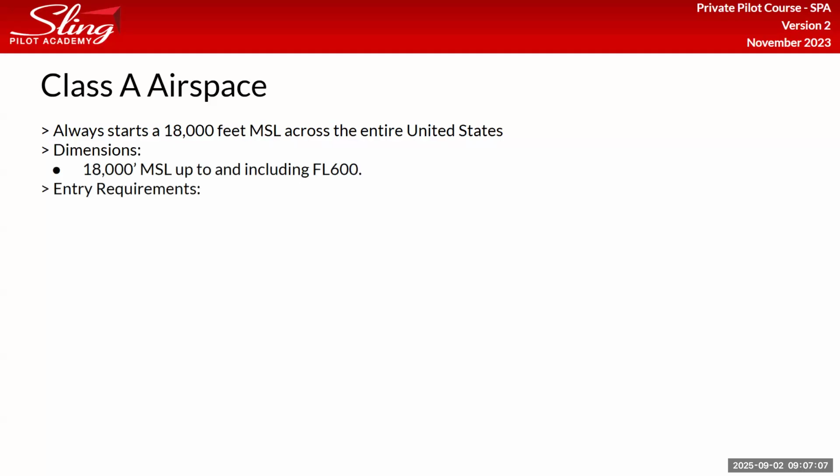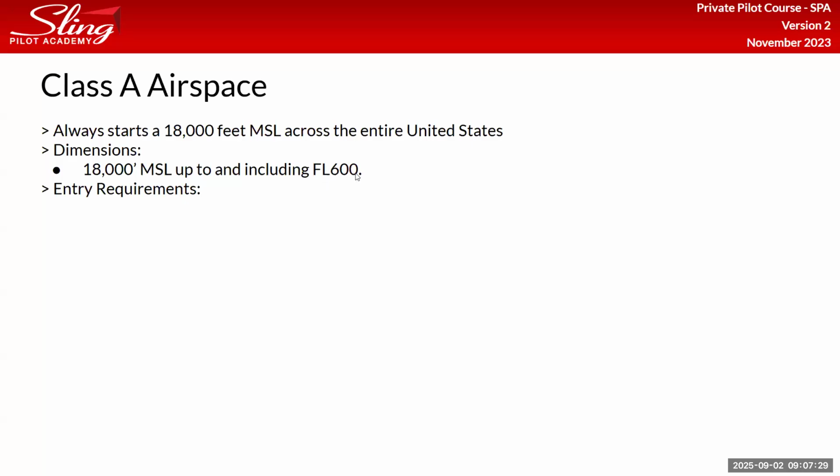Okay, well that goes to, we'll start with this. First, we're going from 18,000 MSL up to flight level 600. Flight level 600 is just 60,000, okay? So 18,000 to 60,000 MSL. They also say flight level 600 because 60,000 is a mouthful to say over the radio.